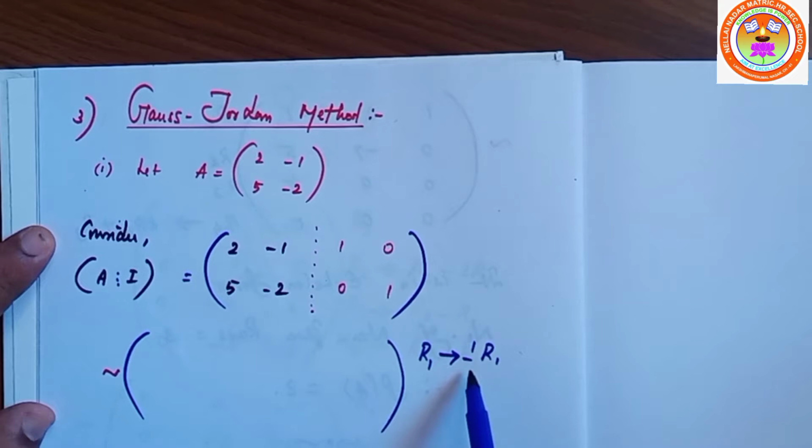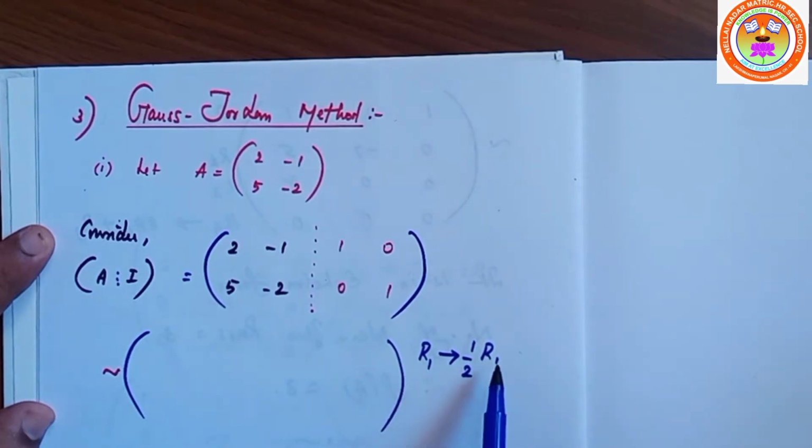Instead of that, you can write half R1, sorry, not R2. R1 implies half R1. So I am multiplying R1 by half.